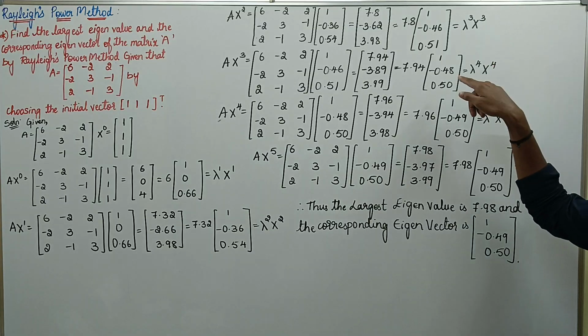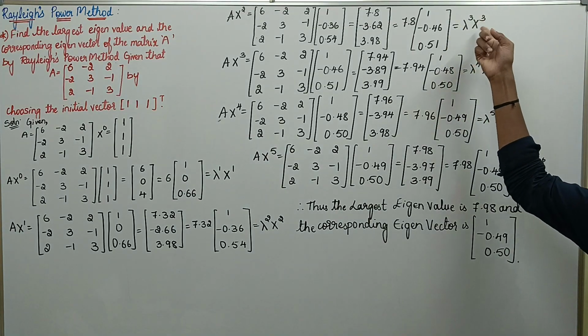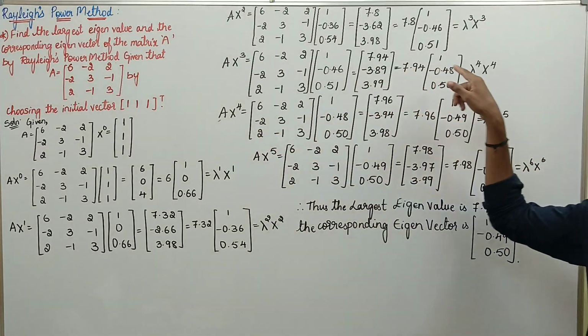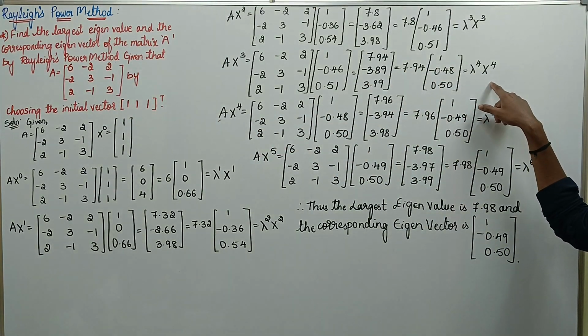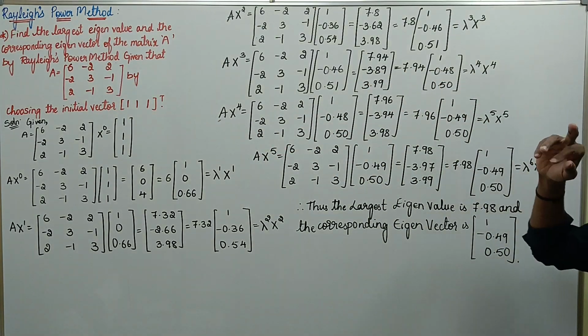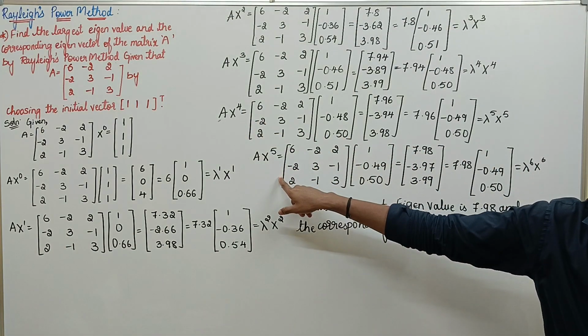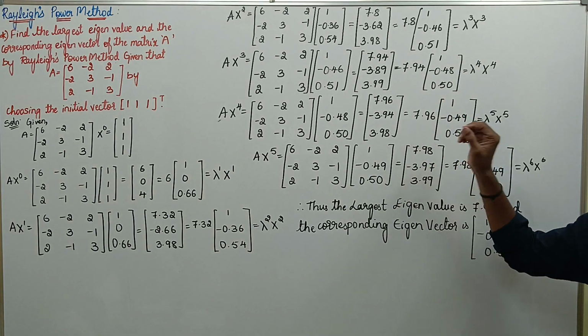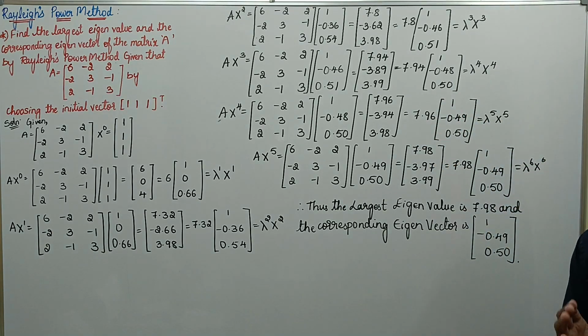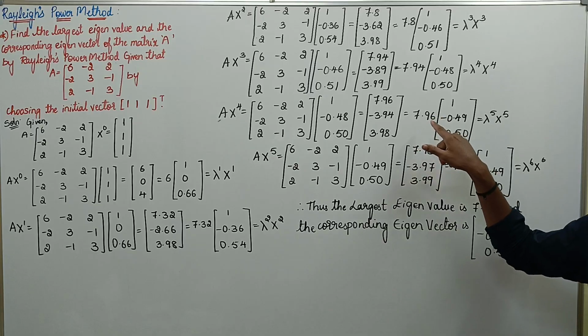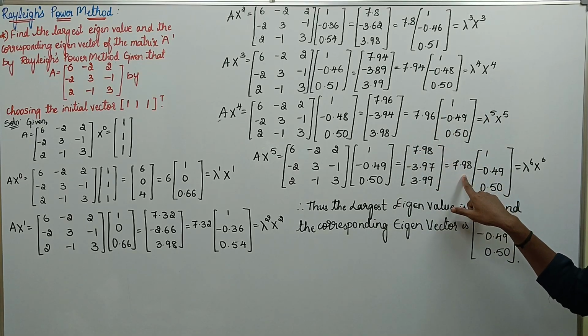Next, if you repeat considering our previous eigenvector with respect to A, you get lambda to the power of 4 and x to the power of 4. If you repeat the last two approximations, that is A into x to the power of 4 and A into x to the power of 5, you get similar, not exact, but approximate eigenvalues, that is 7.96 and 7.98.